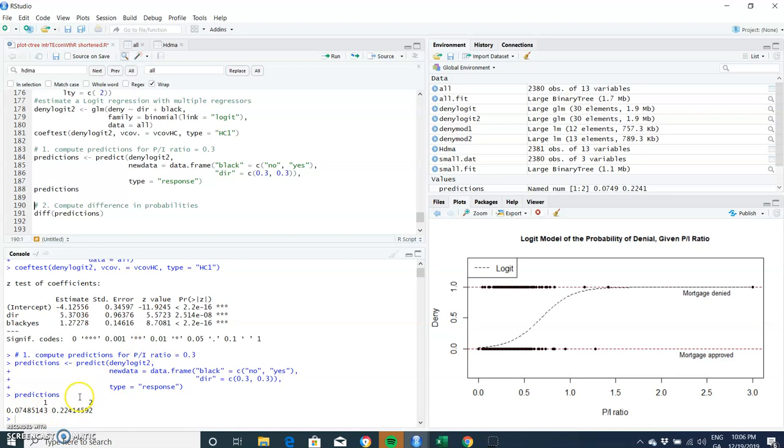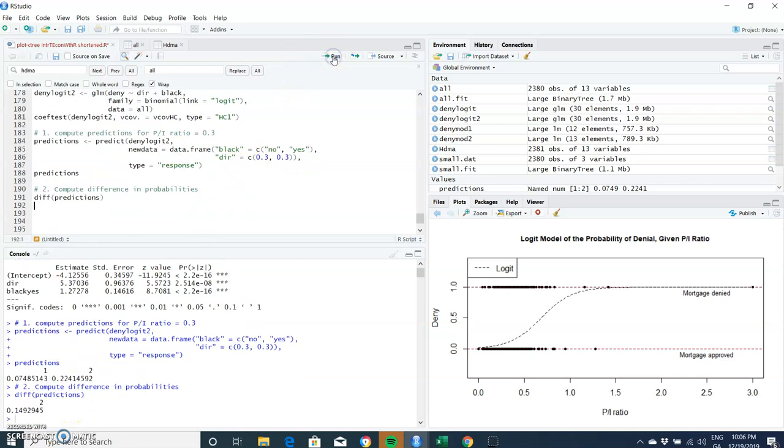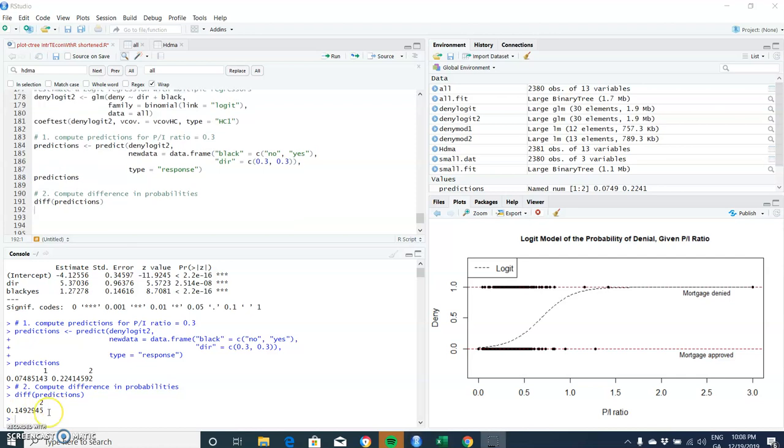But if the individual is black, when DIR is 0.3, then it becomes 22%, and then we can estimate the difference. In this static type of analysis, an individual who is black has a 14% increased chance of their mortgage application being rejected. We haven't taken into account the other variables.